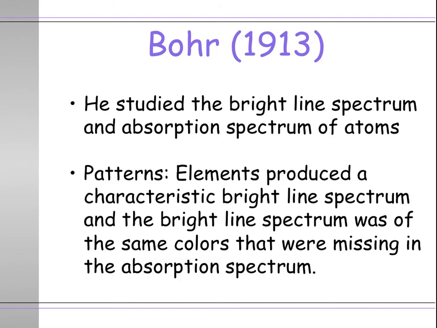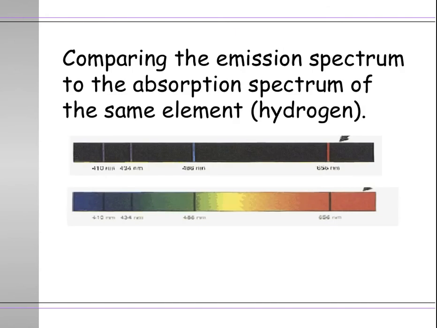So Bohr studied the bright line spectra and the absorption spectra of atoms. He noticed that there were patterns. Elements produced a characteristic bright line spectra, and the bright line spectrum was of the same colors that were missing in the absorption spectra. Here we see the emission spectra and absorption spectra of hydrogen.